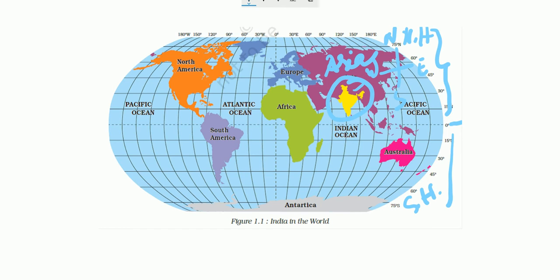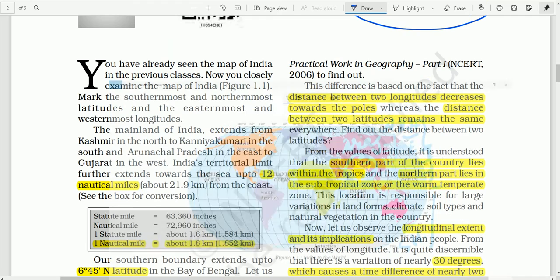That means India, just see the map, lies in the south central part of Asia. So in this way, you can give a location, or you can give location with reference to these values, the values of latitude and longitudes.